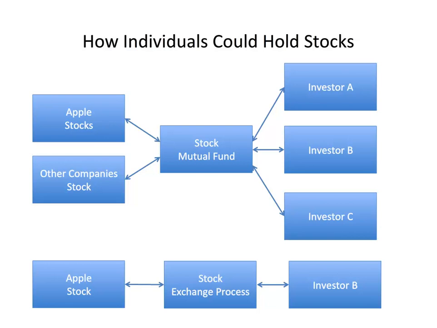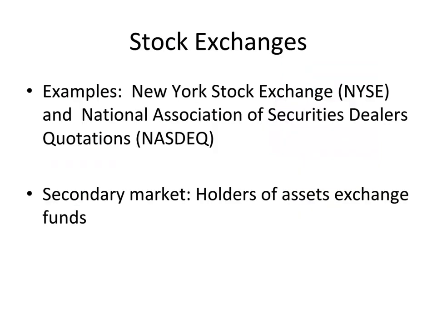Individual investors, as the bottom graphic shows, could own Apple stock as an individual stock. That's quite easy to do. You can do it electronically. So there's two typical ways, either through mutual funds or ETFs or individual stocks themselves.